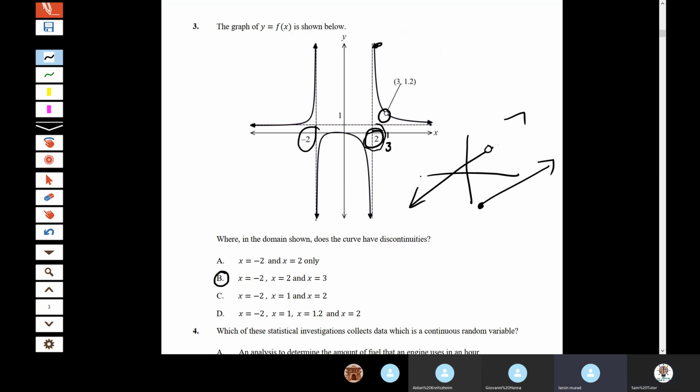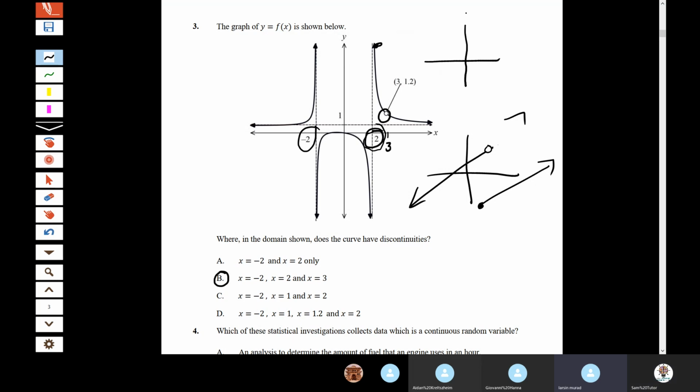So every curve, if it's a curve, that means it's discontinuous? If it's a curve, it's continuous? No, this curve, would you say it's continuous or discontinuous? Continuous. Why is this continuous? It just keeps going, right? Is there any pauses?